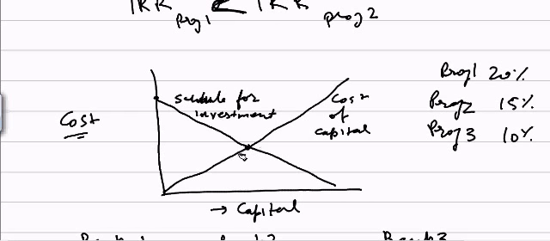The total money used at this point is called the capital target, or the capital which a company generates.